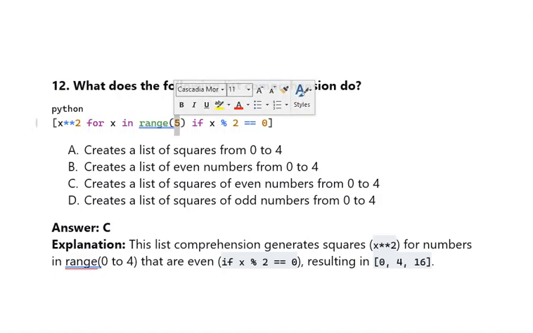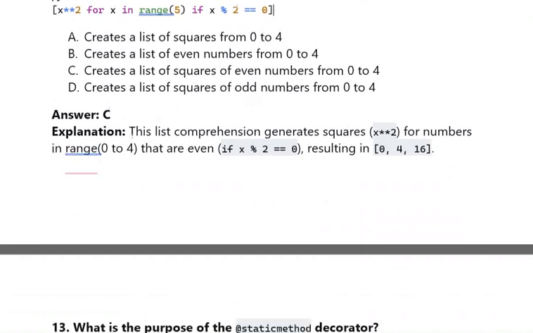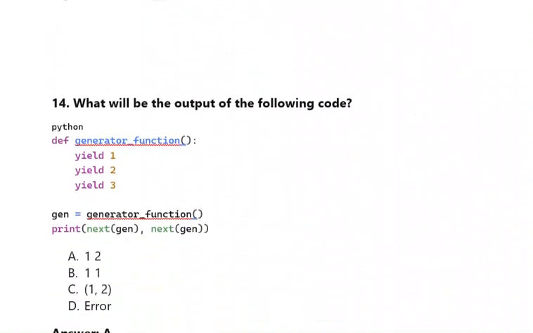That means range 5 is 0 to 4. What is the purpose of the static method decorator? The decorator to define a method that belongs to the class rather than the instance. C is the correct answer.